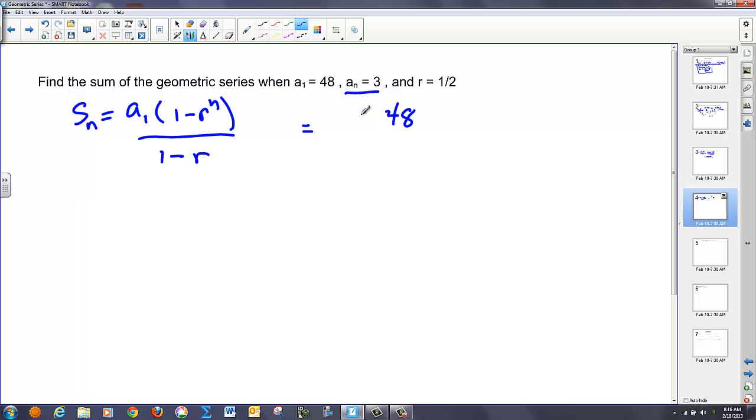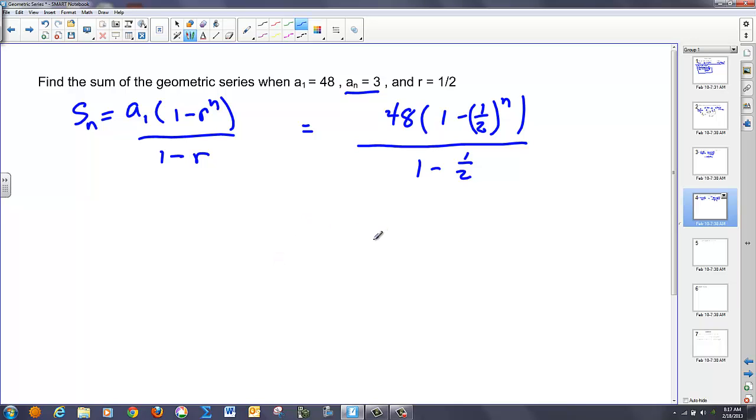We're given the value of the nth term, which is nowhere in this formula. And we're also given the ratio of a half. We don't have the value of n. Once again, we have that half. So we're going to have to find the value of n.